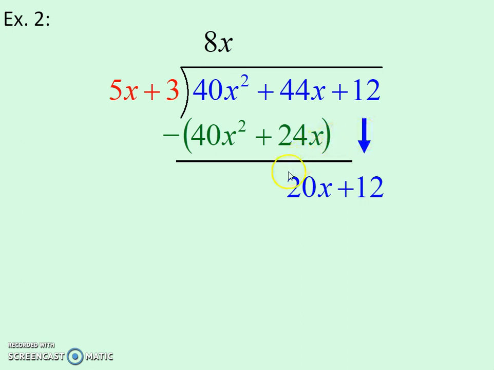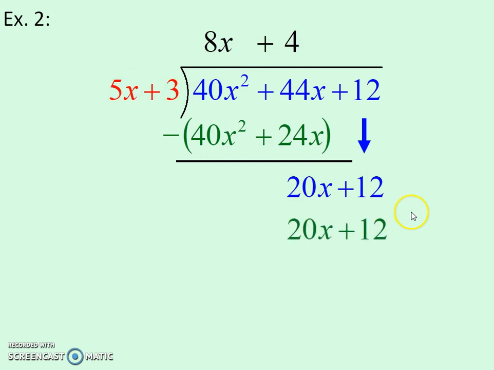And repeat. What's left here, the highest degree, and the highest degree, I'll divide them. 20x divided by 5x. 20 divided by 5 is 4. And the x's cancel, and I'll write that up here. I'll line them up, so lined up with the 20x is plus 4. And again, I'll multiply this by both of these terms. 4 times 5x is 20x. 4 times 3 is 12.